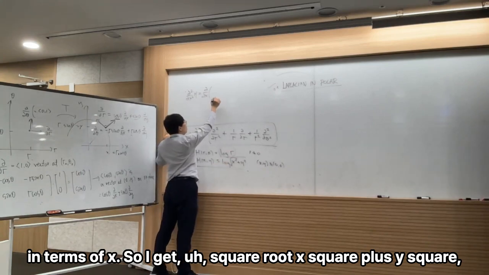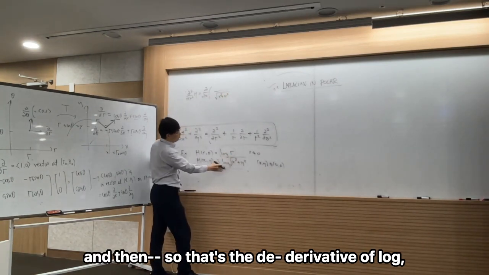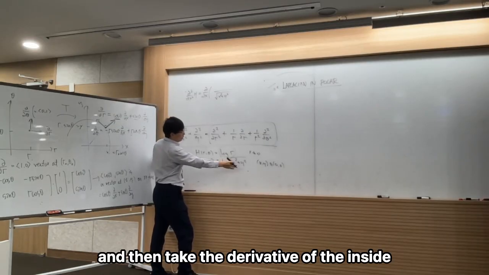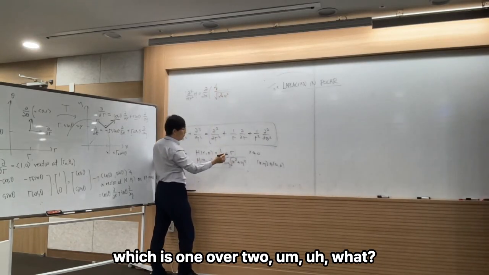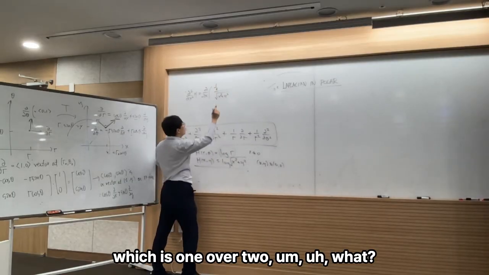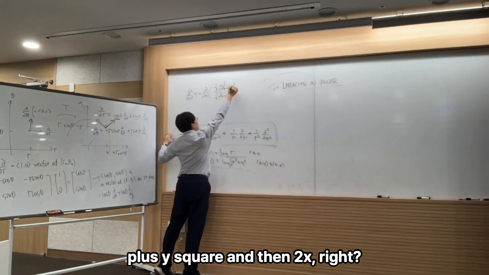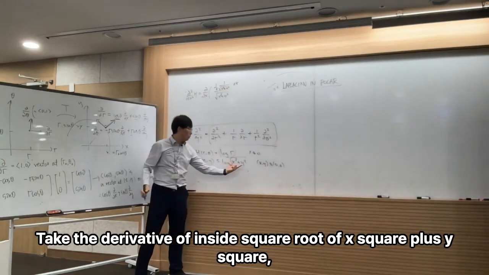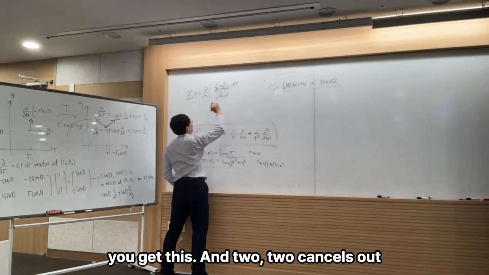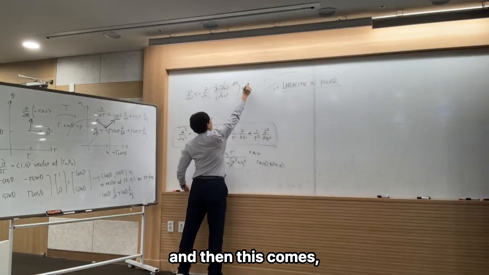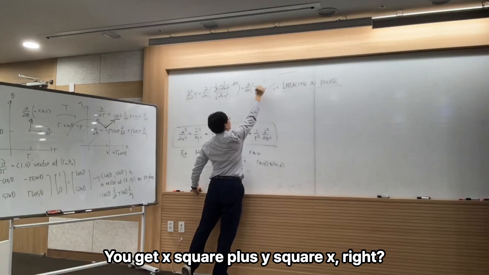So I get 1 over the square root of x squared plus y squared, that's the derivative of log, and then take the derivative of the inside, which is 1 over 2 times 1 over the square root of x squared plus y squared, and then 2x, right? Take the derivative of the inside, the square root of x squared plus y squared, you get this. And the 2 cancels out, and just to make it clean, you get x over x squared plus y squared, right?